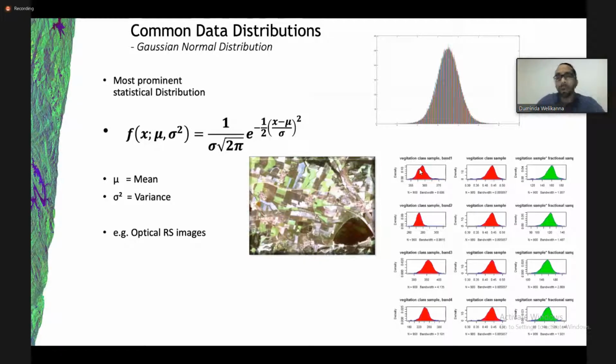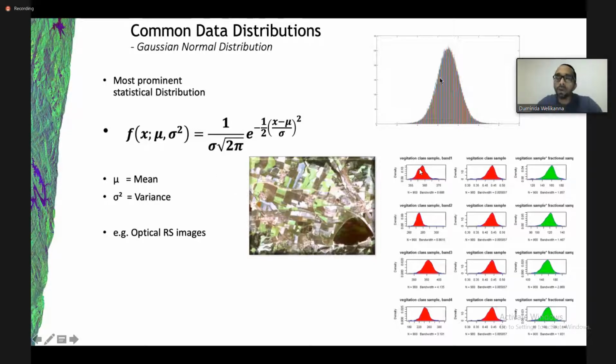Most of all, if you take optical images, the distribution will be a Gaussian distribution, right? So what it says, there is a pixel value that is very highly occurring, and there are pixel values away from the mean value that are occurring less in this image. That is the Gaussian distribution, as we all know.